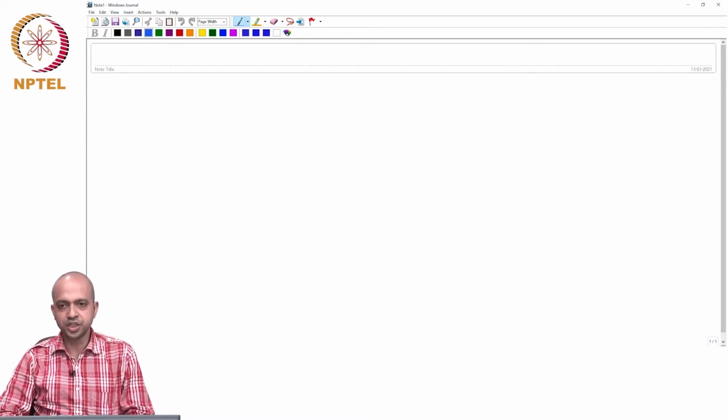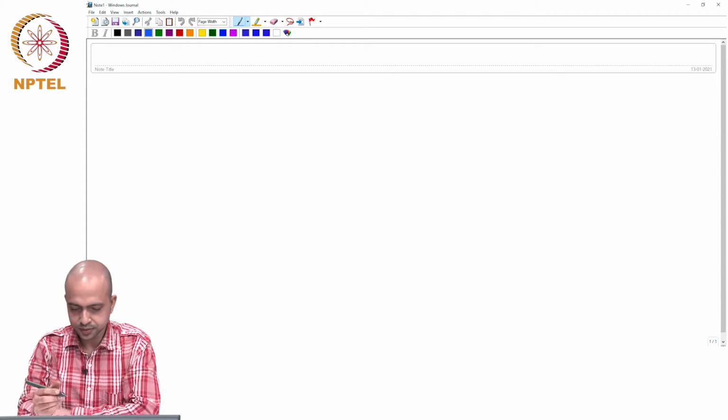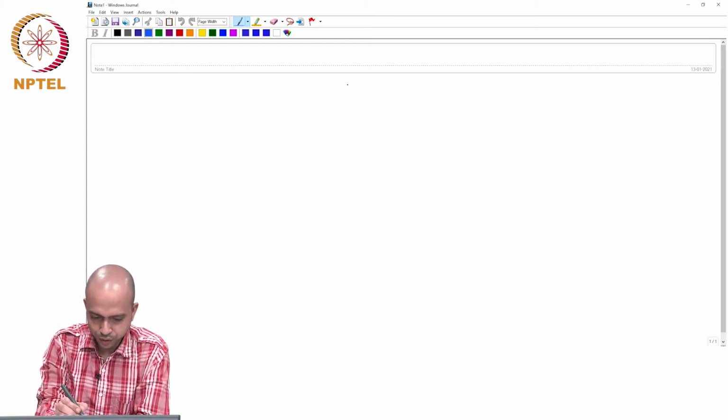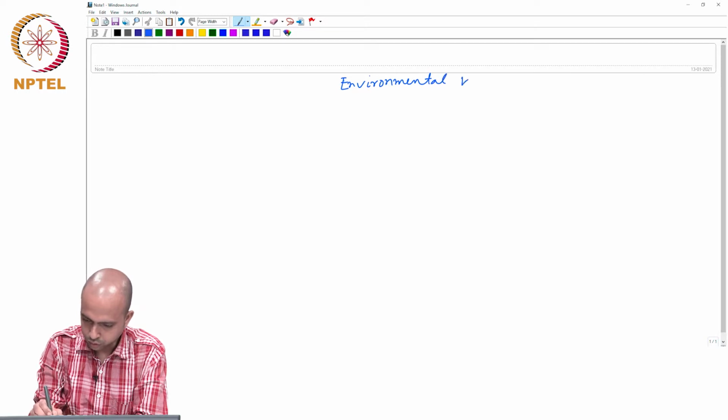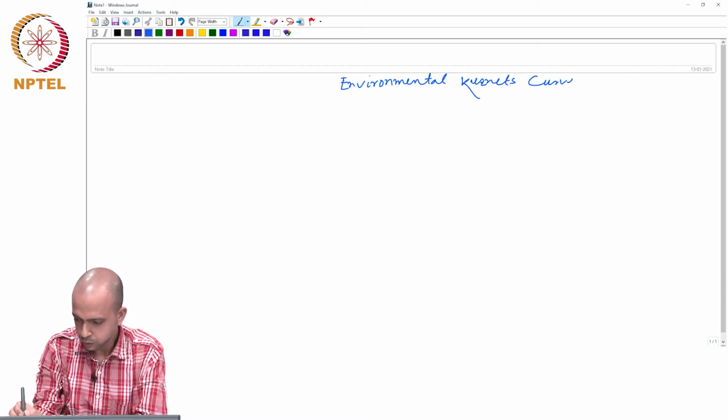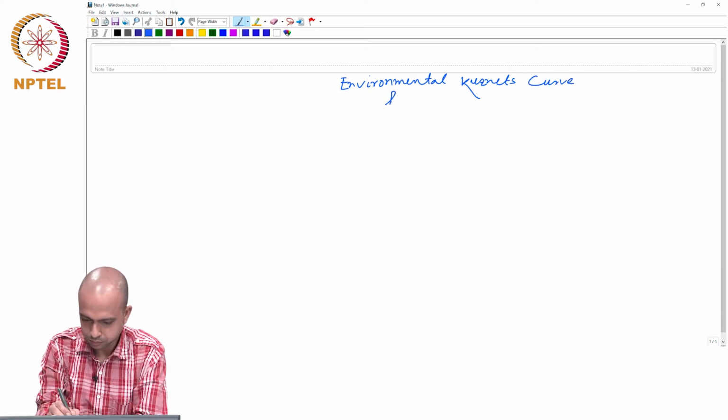Today we are going to discuss in detail the environmental Kuznets curve hypothesis, right. So, this is called the environmental Kuznets curve hypothesis.